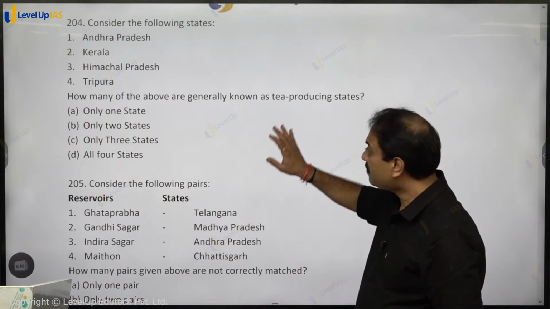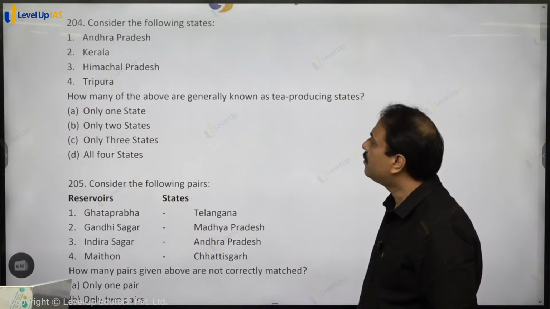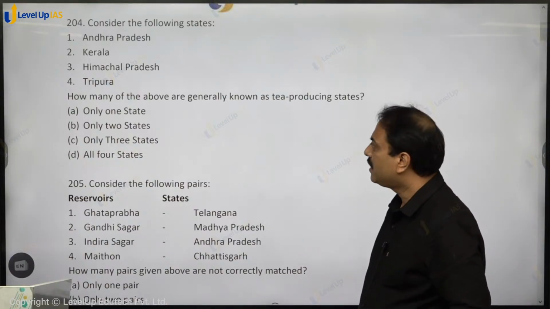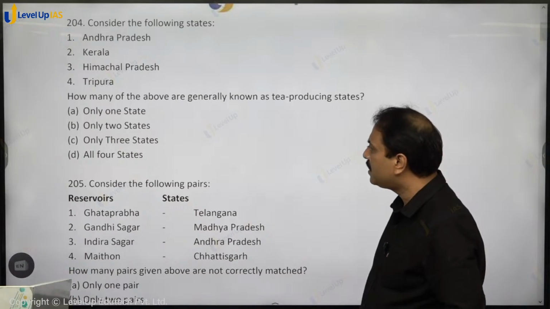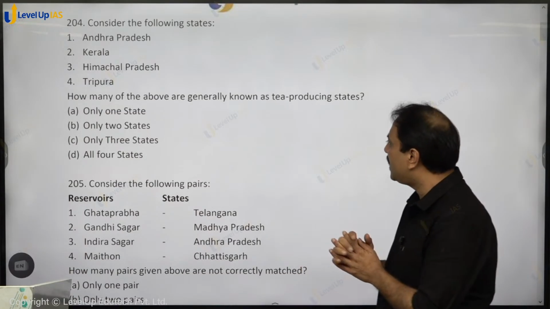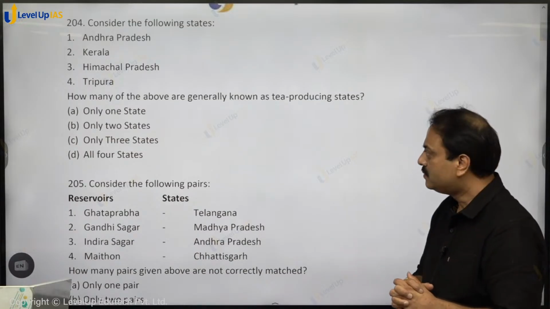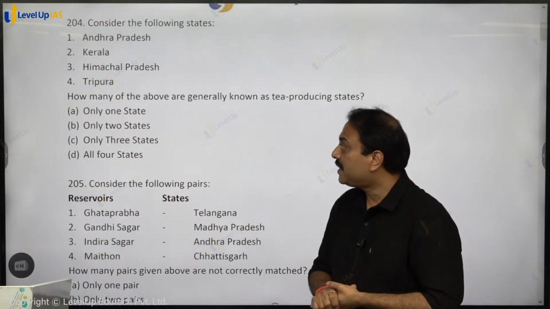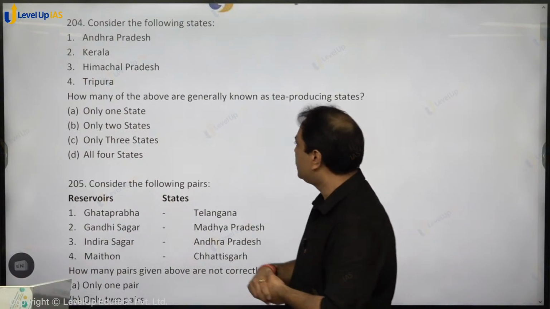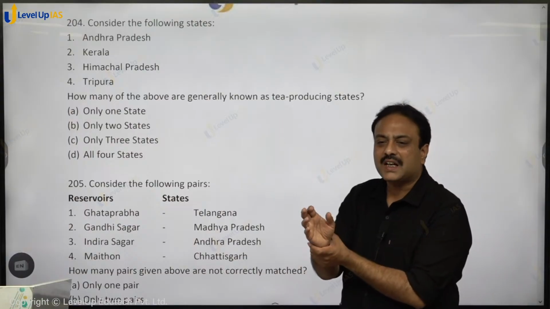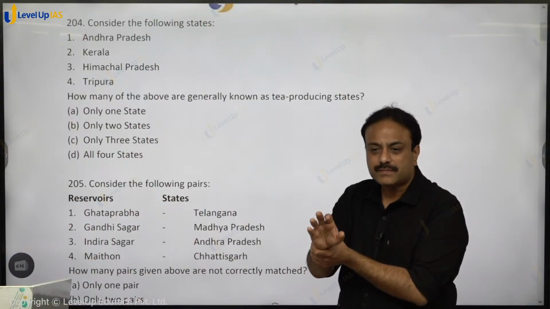Clear on that? Next question is question number 204. Consider the following states: Andhra Pradesh, Kerala, Himachal Pradesh, Tripura. How many of the above are generally known as tea producing states? A few years back UPSC asked a question on the Tea Board of India, right?